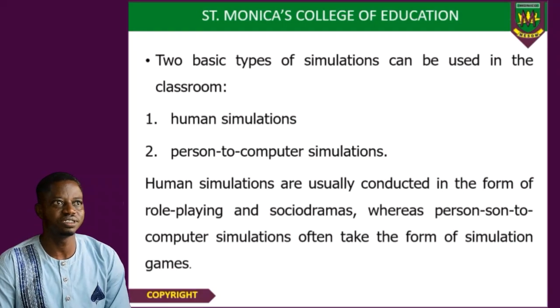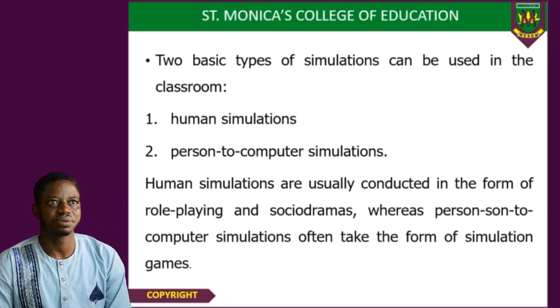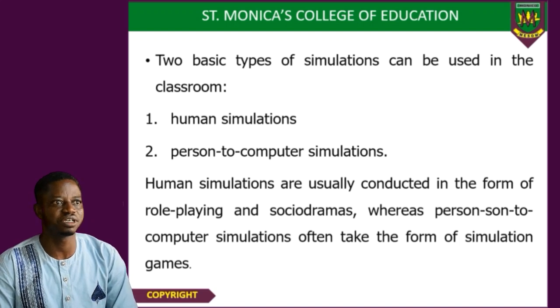There are two main types of simulation that can be used in the classroom. We have the human simulations and then person-to-computer simulations. Human simulations are usually conducted in the form of what? Role play.